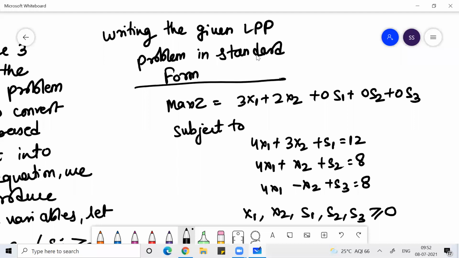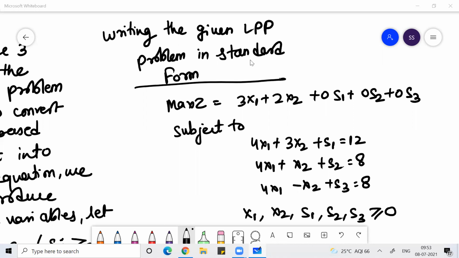Clear, everyone? This way we can write this given LPP problem in the standard form.